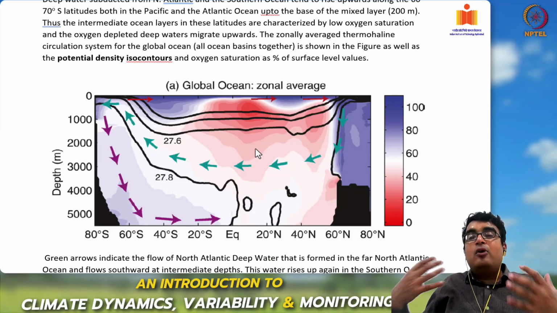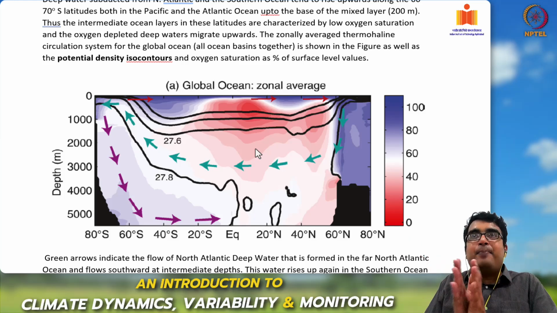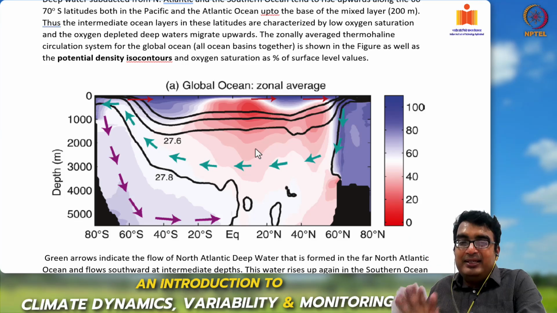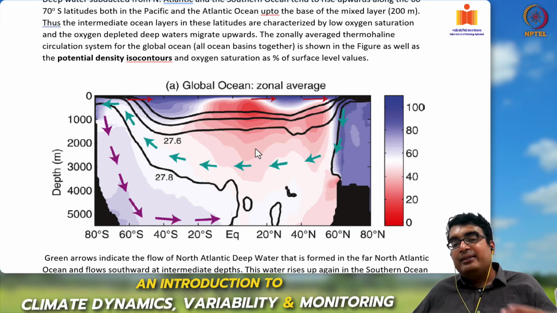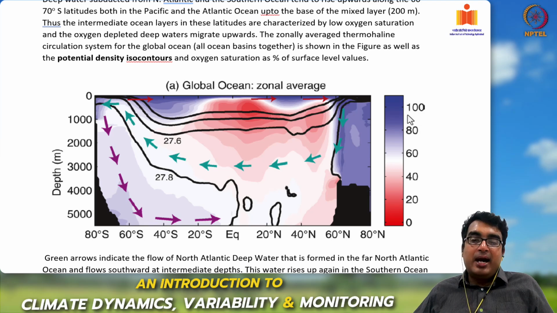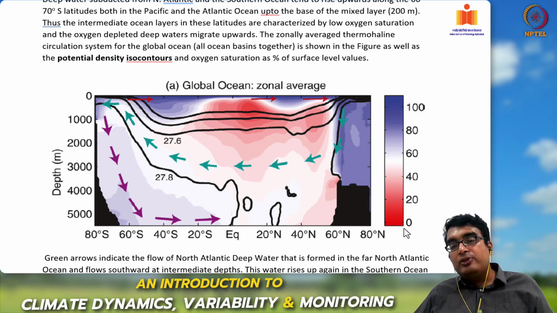So, if you now average out the entire Pacific, Atlantic and the Indian Ocean and look at the oxygen saturation gradients, what do you see?